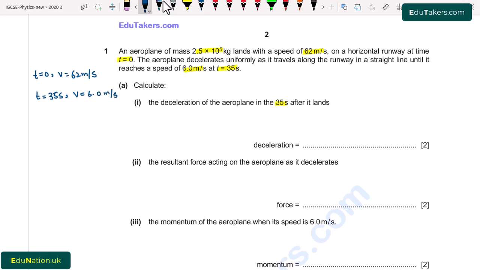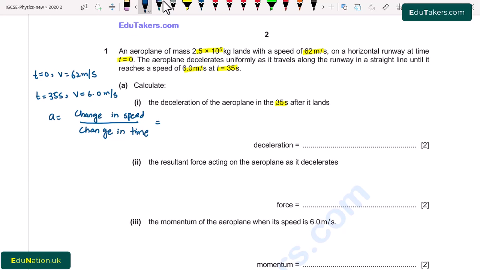Now we have to find the deceleration. We know that deceleration is the change in speed per unit time, and we write a = change in speed per change in time. Here speed is 62 and 6.